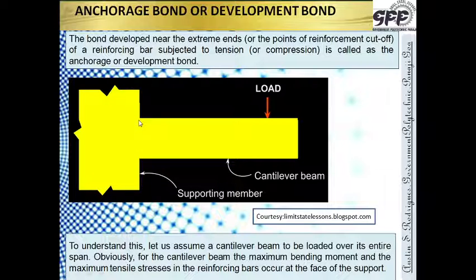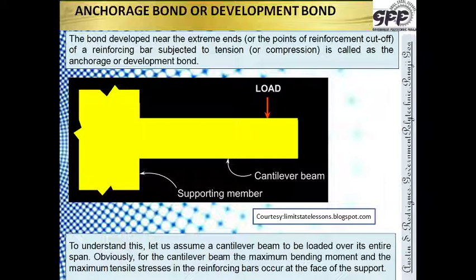Now if I move slightly inwards from the support, obviously my bending moment is 0. My bending moment is maximum up to this particular point. Further on there is a reaction coming up from the support, so the bending moment anywhere within the support is 0.